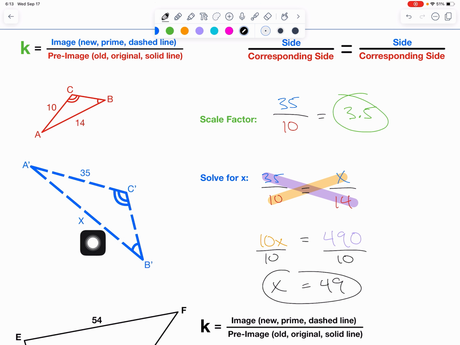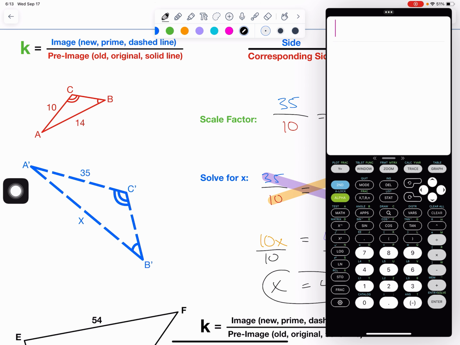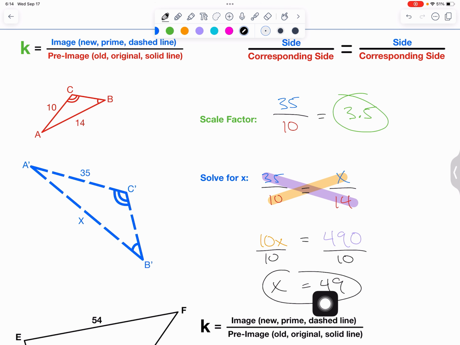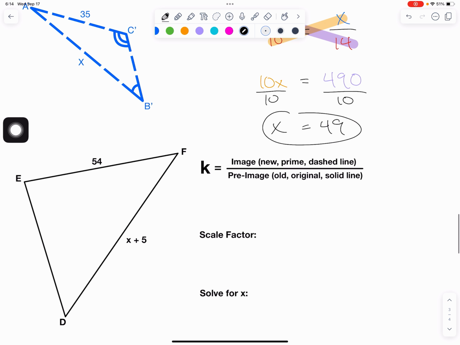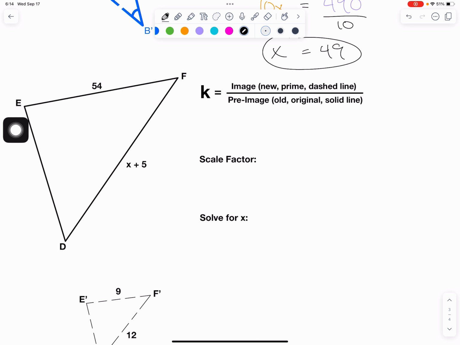So if I'm solving for x on this triangle, let's take the piece of information that's given and enter it in the calculator. 35 divided by its corresponding side is 10. Well, we know that the x corresponds with the 14, so we can just take our scale factor and multiply it by 14, and what do we get? We sure do, 49.